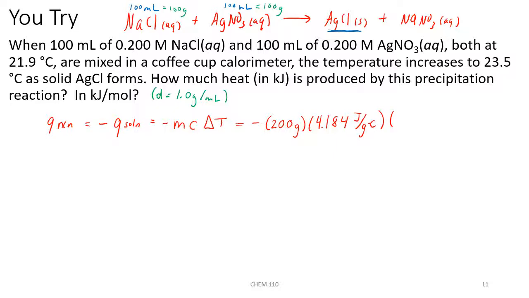The temperature increased, so we know this was an exothermic reaction, 23.5 minus 21.9 degrees Celsius.